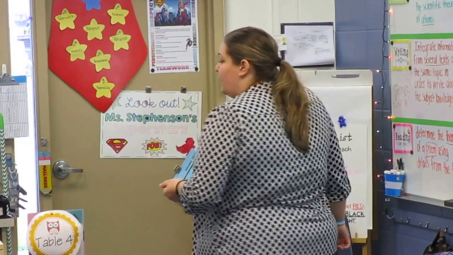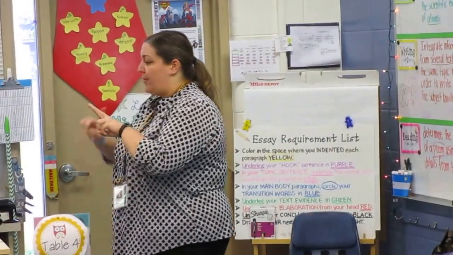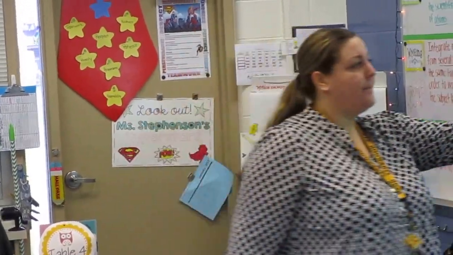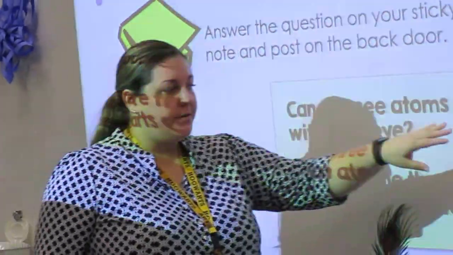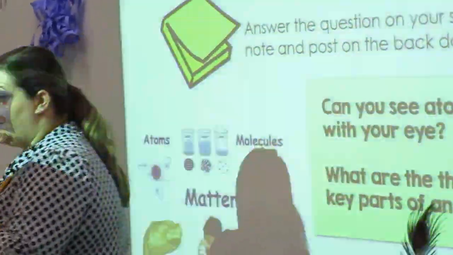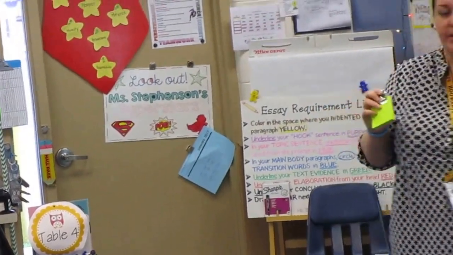Okay? You should be able to tell me the 3 parts of an atom. So, quiz ourselves. An atom, can we see them with your eye? No. So, when I give you your sticky, this is your exit ticket. We already know the answer together as the first question. Now, this question you guys also have quizzed yourself and you now know.